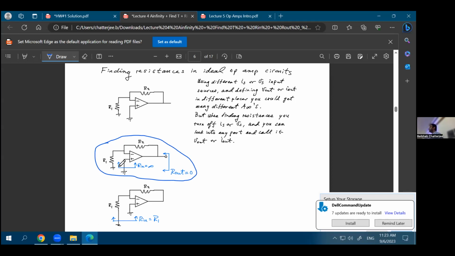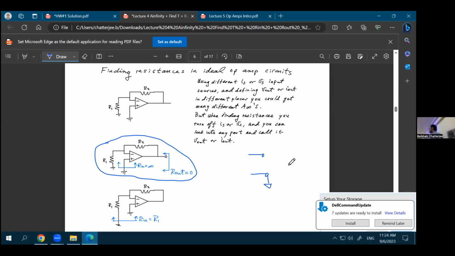What we are trying to find out first is the input resistance looking into this positive terminal. If you assume that this op-amp is ideal, let's draw the internal circuitry of the op-amp for that. Then it will be even clearer.